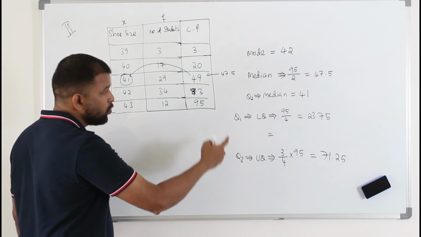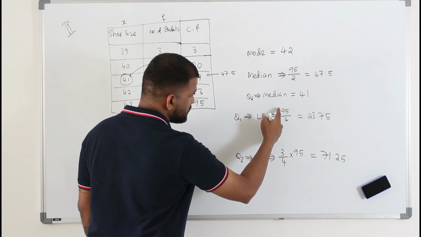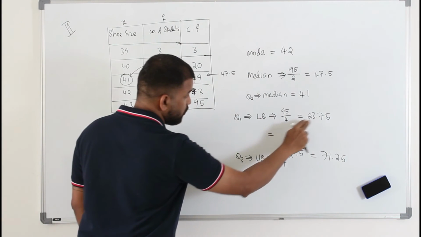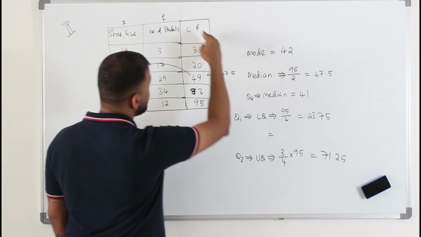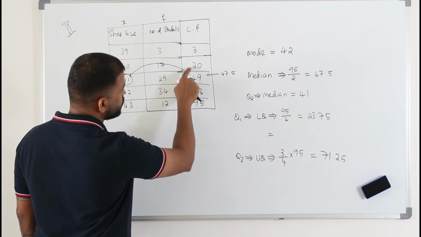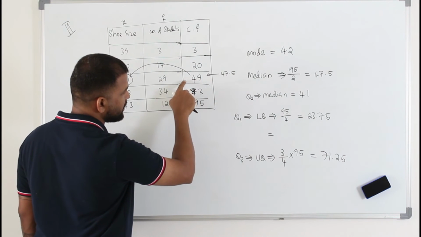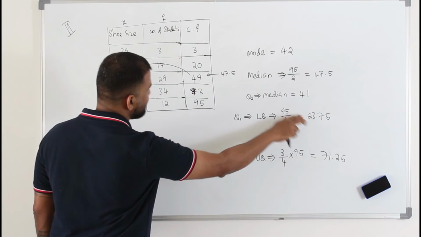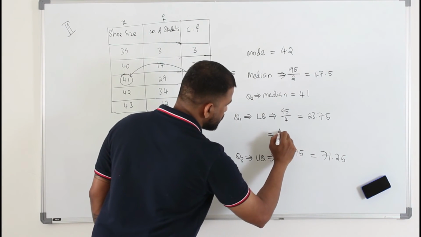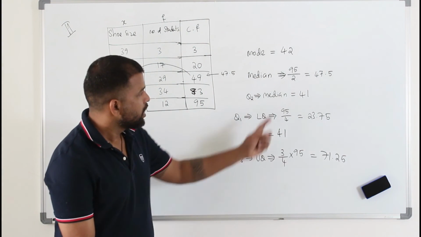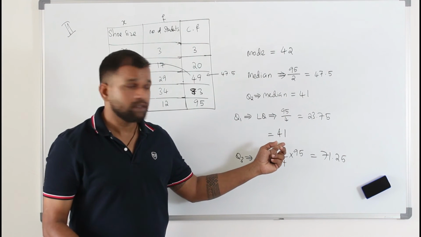To find Q1, divide this sigma f by 4, find the number, and check where this number lies in this cumulative frequency. Anything more than 20 till 49 lies in here. So 23.75 also lies in here. So the corresponding x is Q1. You see, your median is same as Q1.